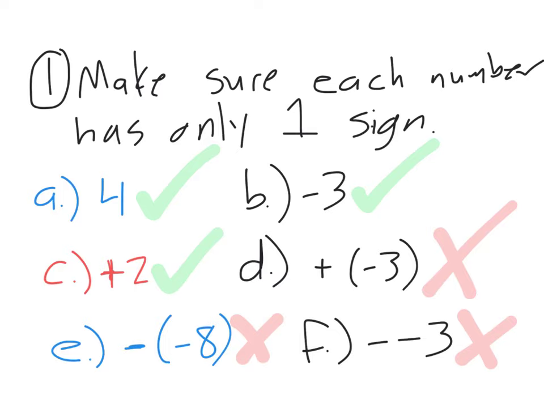Okay, so what do we do when a number has more than one sign? For example, we had plus negative 3. I've got to fix that to where it only has one sign in front of it. So when you have plus and minus in front of the 3, what one sign can I rewrite that as?